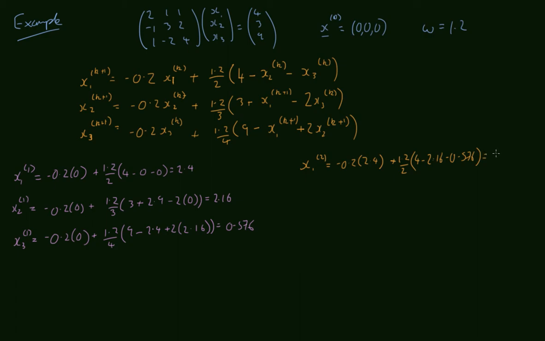That gives me 0.2784. x2 for the second iteration, minus 0.2 times 2.16, because that's the one we calculated from the previous iteration, plus 1.2 over 3, that's 3 plus 0.2784, which we just calculated, minus 2 lots of 0.576.